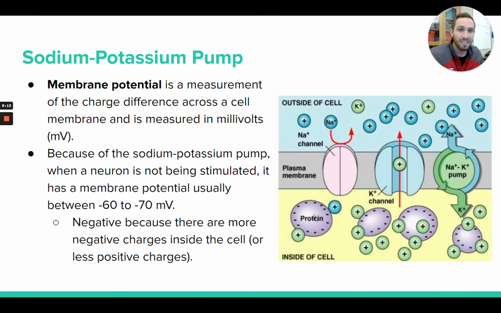The reason it's negative is because we're measuring the charge of the inside of the cell relative to the outside of the cell. And like I said earlier, the inside of the cell is more negative, or less positive, than outside the cell. So that registers as a negative voltage. And that's all because of the sodium-potassium pump helping to establish that electrical gradient.